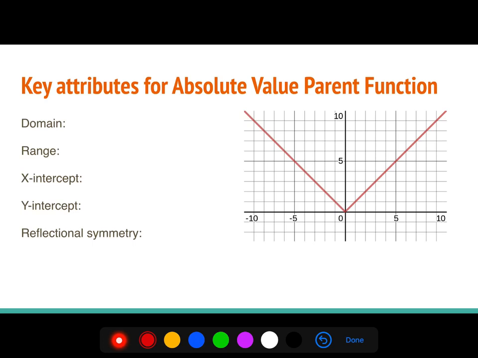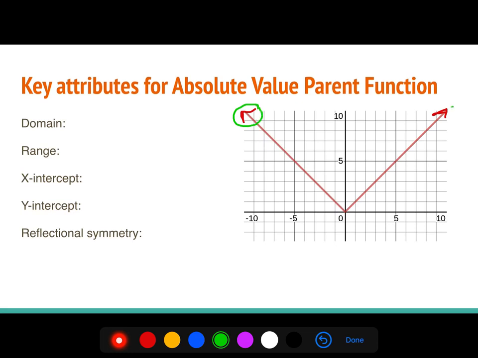Here's our absolute value parent function. Remember, I told you in the last video, I like to put arrows at the end if the computer doesn't put them. And we're going to start off with domain and range. I like interval notation, and that is what I'm going to use. So domain, start at the left.